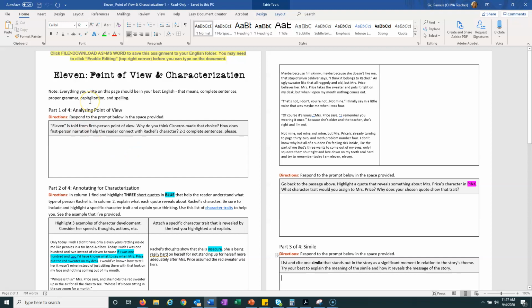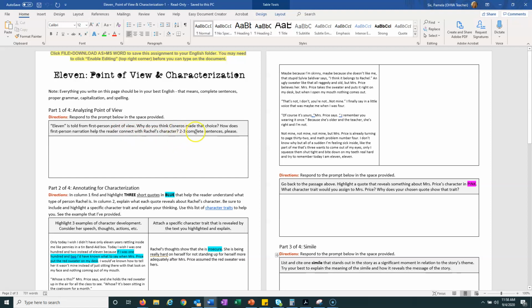So in part 1 of this assignment, you are being asked to respond to this question. So 11, which is the story that you will read in Unit 1, is told from the first person point of view. So why do you think the author made this choice? That's the first question. The second question is, how does first person narration help the reader connect to Rachel's character?